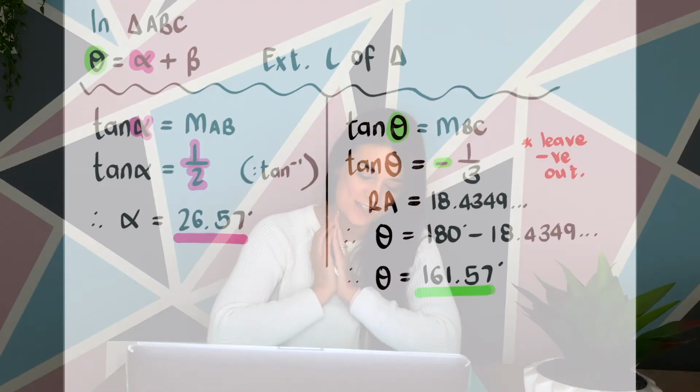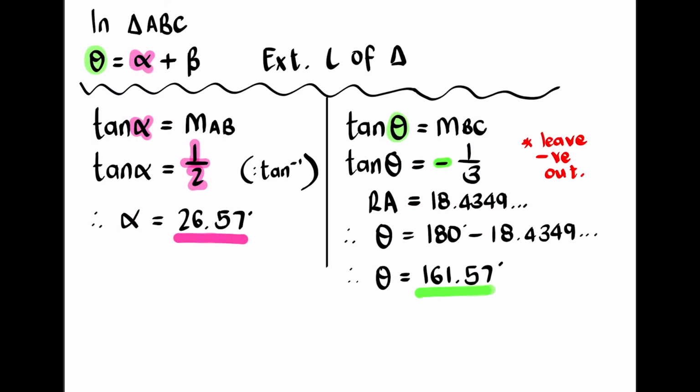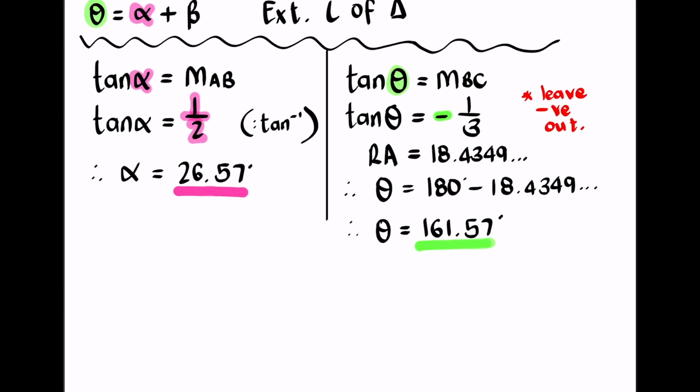Another way you could have done this is that you could have typed the negative into your calculator and you just needed to add 180 degrees afterwards, because you'd be able to know that your answer can't be negative and your answer has to be between 0 and 180 degrees. Either way, you're going to get to the exact same answer. All right, but we're actually looking for beta.